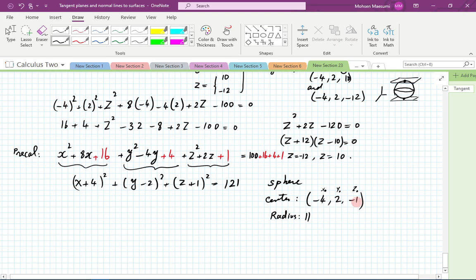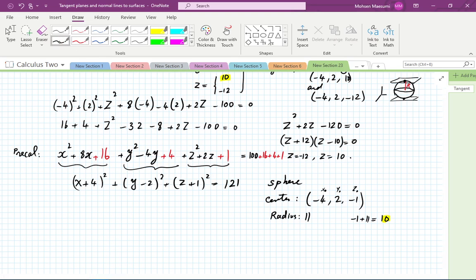If I start at this center and go 11 points up, so if I do minus 1 plus 11, I get to 10. That is, of course, exactly that. If I start at the center and go straight up as much as the radius, of course I'm going to reach the highest point.